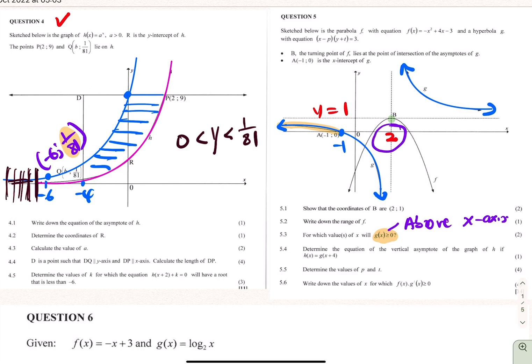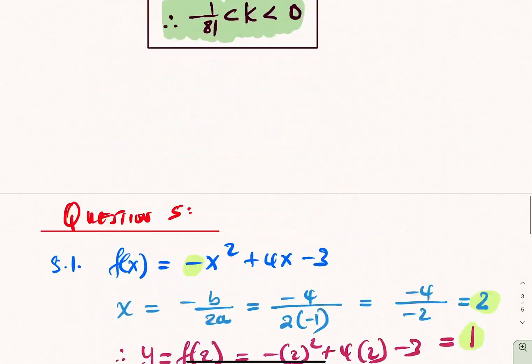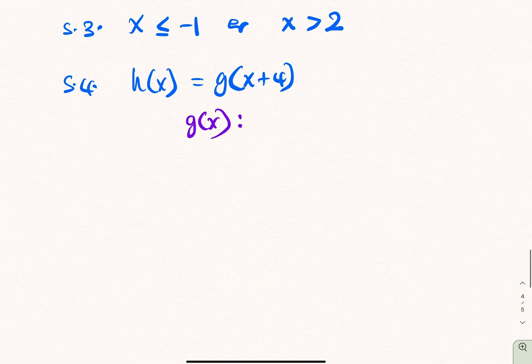That's where the vertical asymptote occurs at g. But you want to shift that asymptote to the left by 4 units. So let's write first the asymptotes of g. So that is going to be x is equal to 2. This is the vertical asymptote of g.